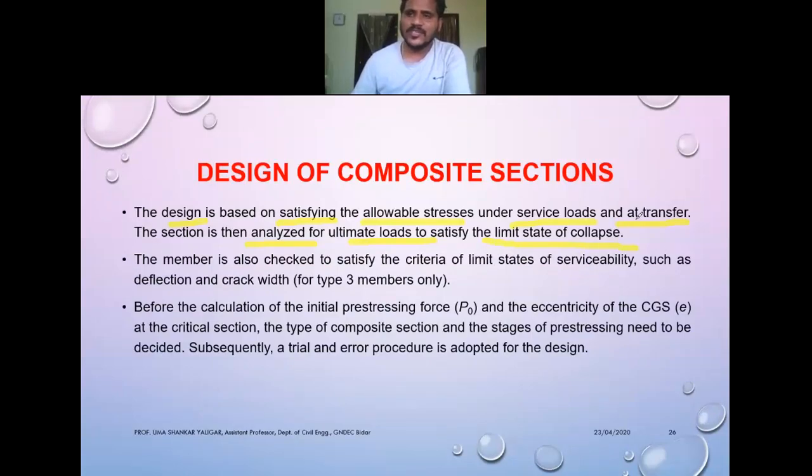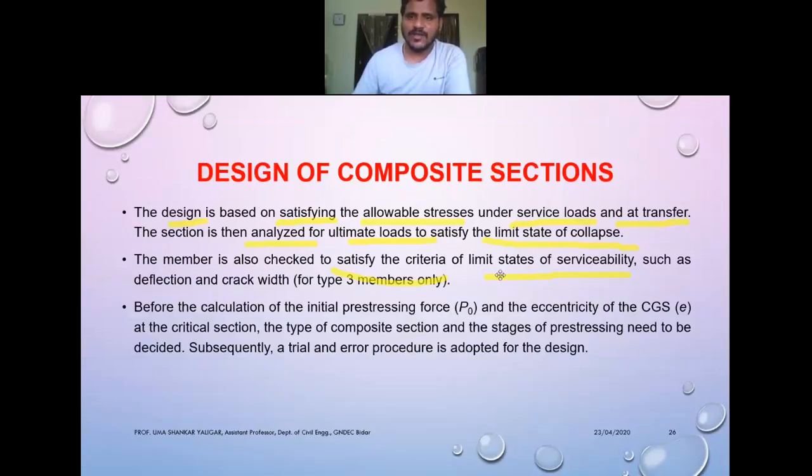The same procedure we have seen in module number 4. There also we have done the design of a conventional PSC beam. The procedure is almost the same. The member is also checked to satisfy the criteria of limit state of serviceability. That means after checking the allowable compressive stress and analyzing for ultimate load, we need to check whether that member is serviceable or not.